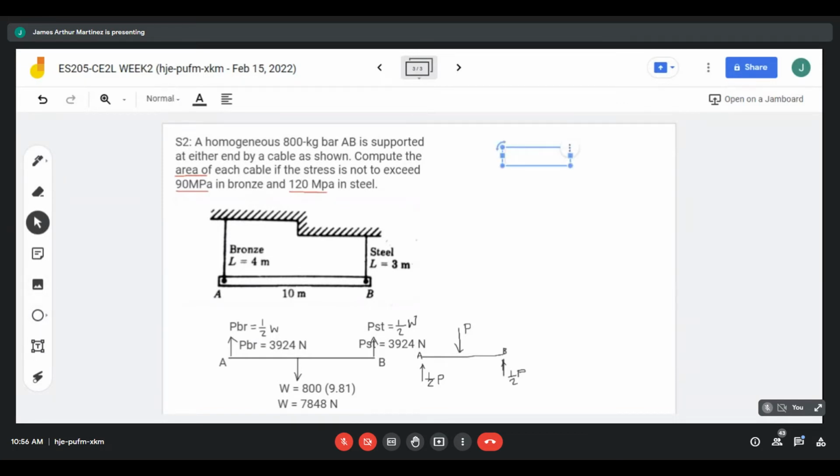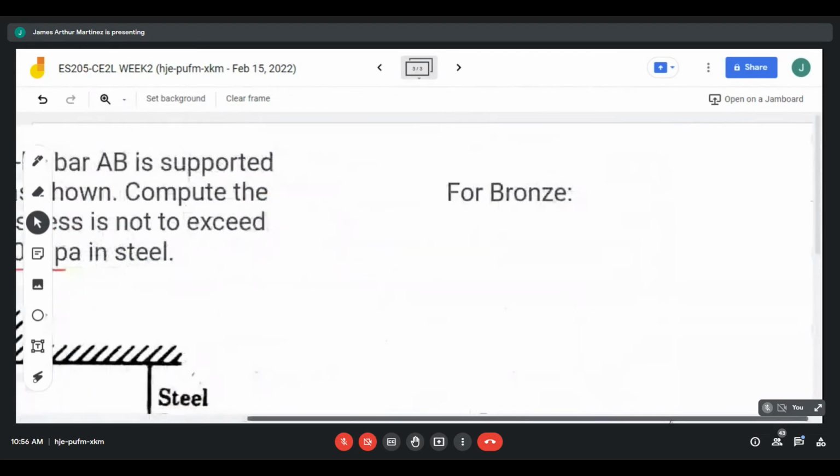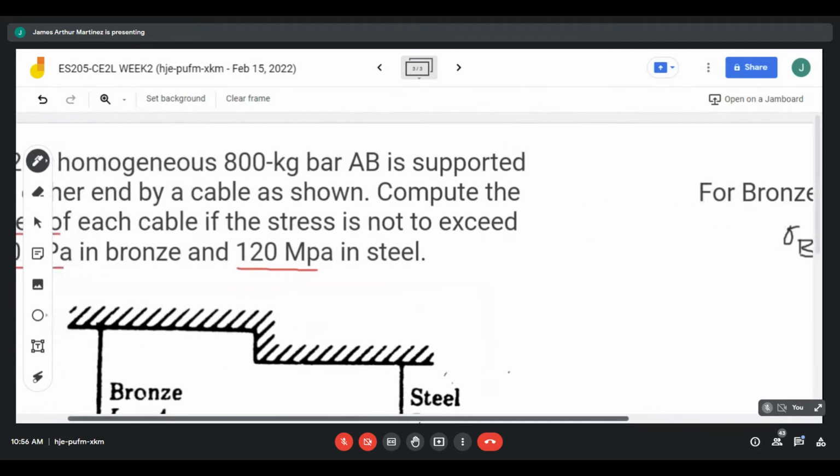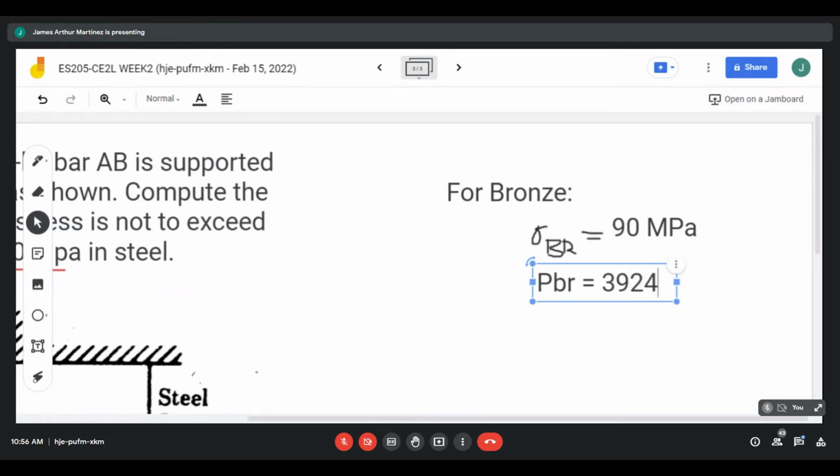Ako i-label dere. For bronze, so unahan nato compute kang bronze. The stress limit for bronze is equal to 90 MPa. And the force na na-apply kang bronze is pila to siya 3,924 Newton.